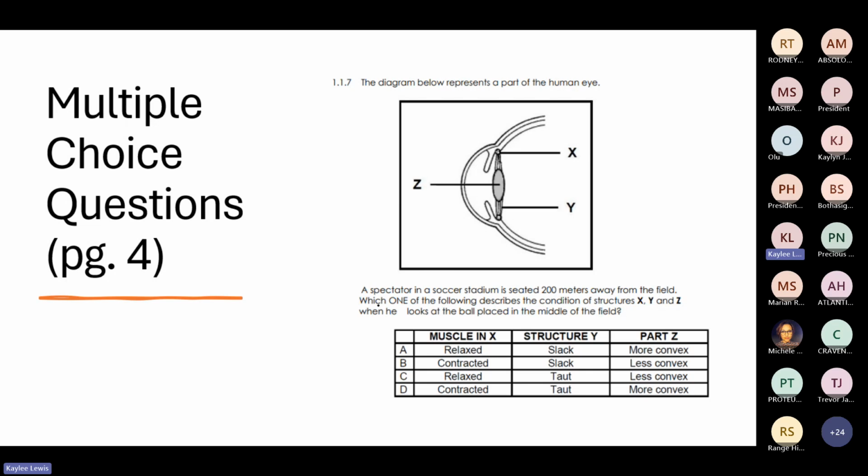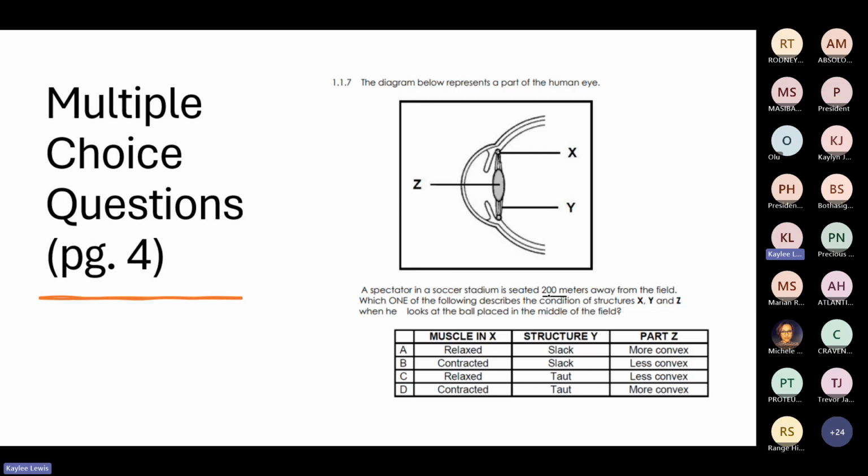So it says a spectator in a soccer stadium is seated 200 meters away. So that's far from the field. Which one of the following describes a condition of structures X, Y, and Z when he looks at the ball placed in the middle of the field?